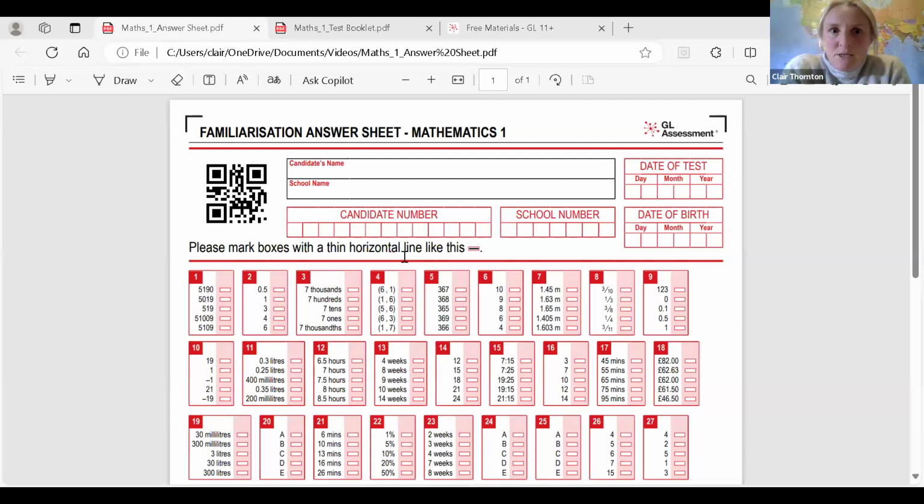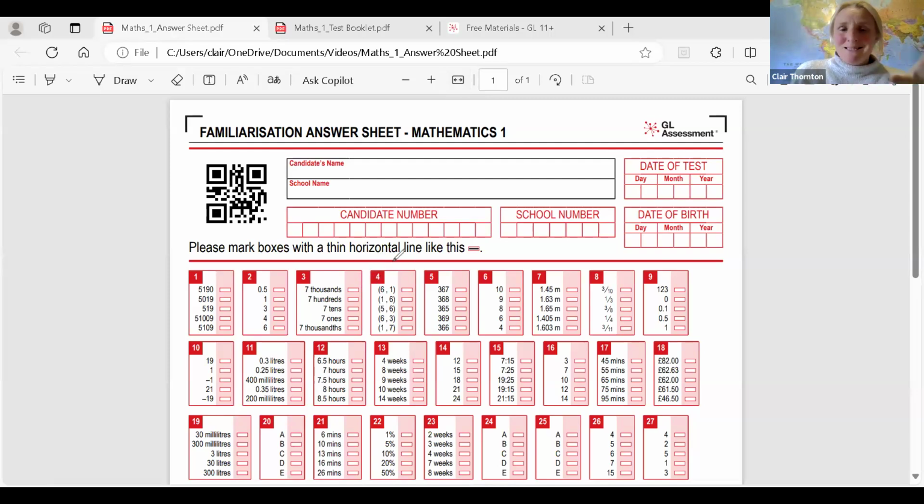This is the one we will use for the GL Assessment, and I'd really like you to use this while we are working on this, just because it will get you used to the idea of not answering on the paper, but actually answering on this.